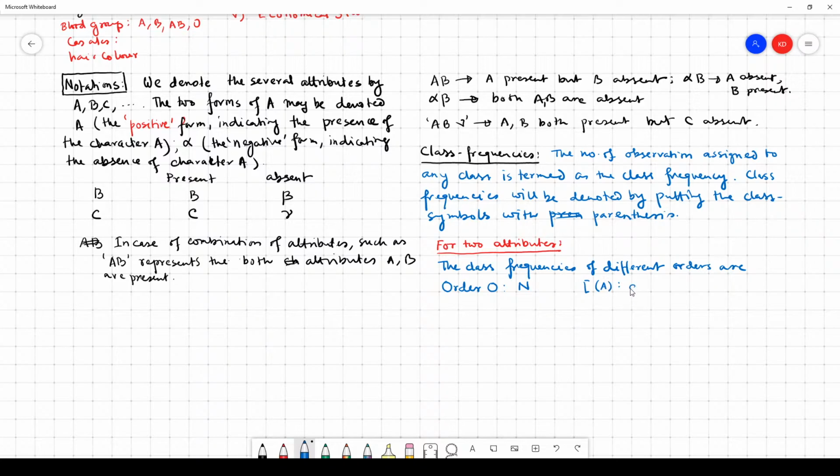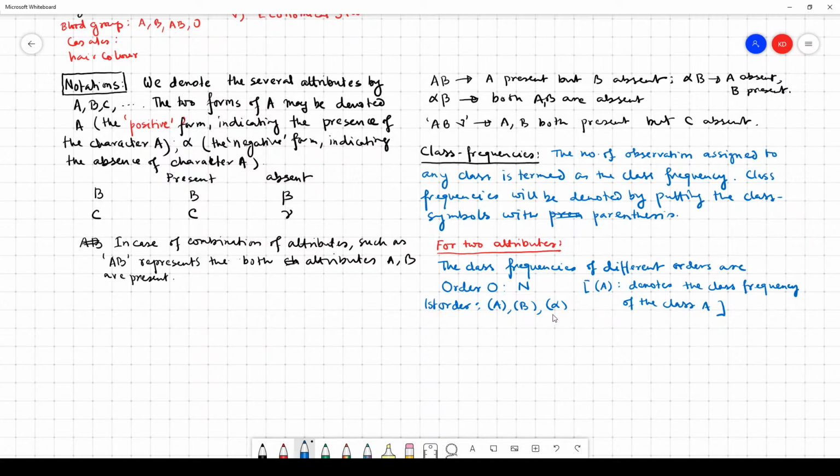First order: this stands for the class frequency of the class A, the total frequency when A is present.